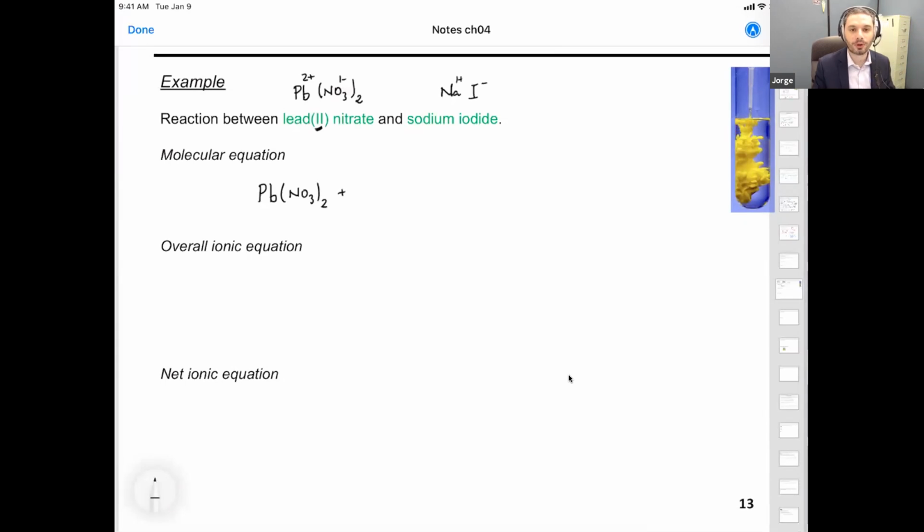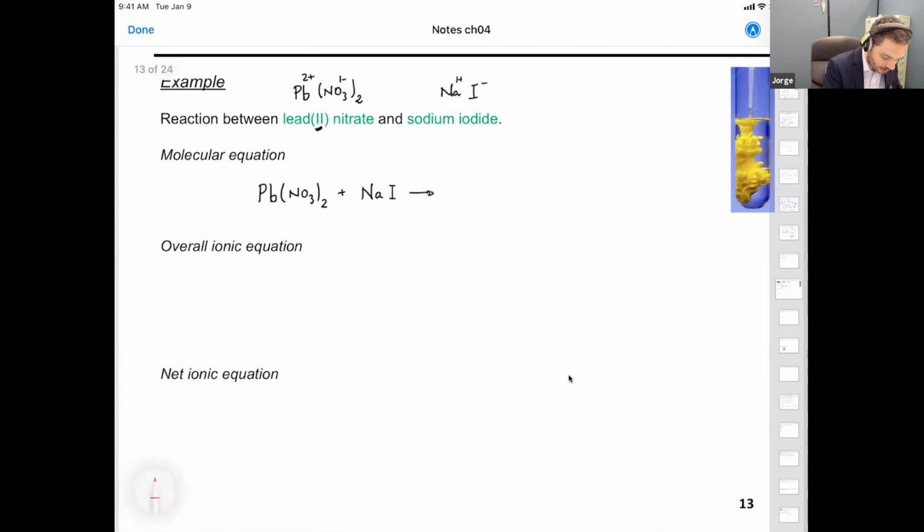Therefore, we don't need to cross any charges because they are 1 and 1. So we have here sodium iodide, NaI. The reaction between two salts is also a double displacement reaction.